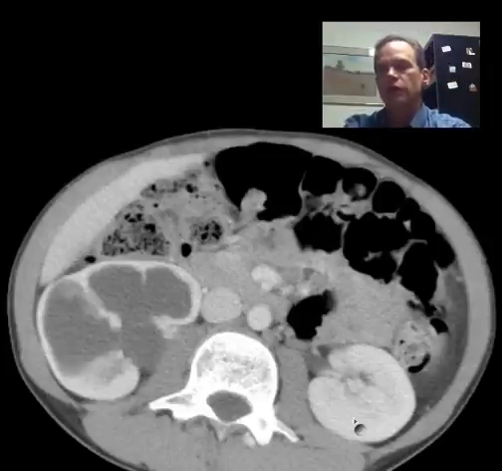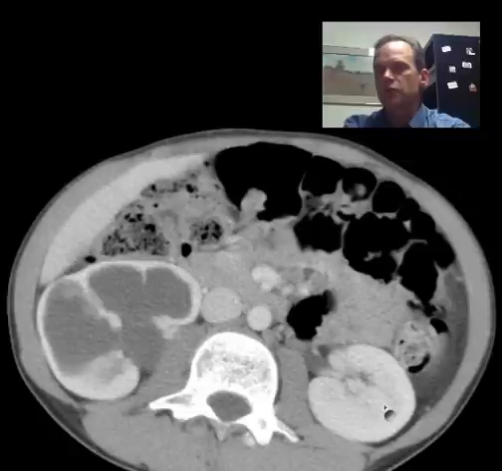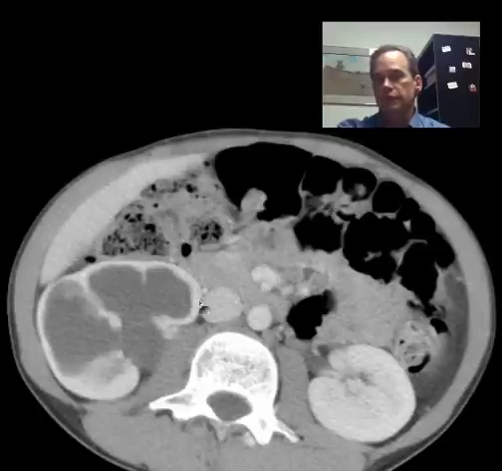Here we have cortical and medullary that has pretty much equalized. You look over here, first of all, there's just cortical enhancement, and the cortex is very thin.